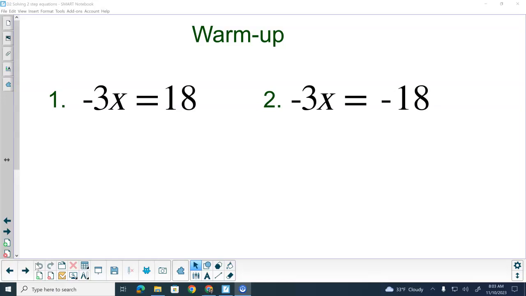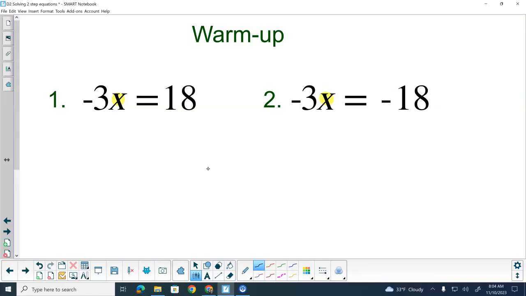All right, so remember that our goal is to get the variable, in this case it's x, in both cases it's actually x. Our goal is to get the variable all by its lonesome. What is the mathematical operation that's going on in number 1?